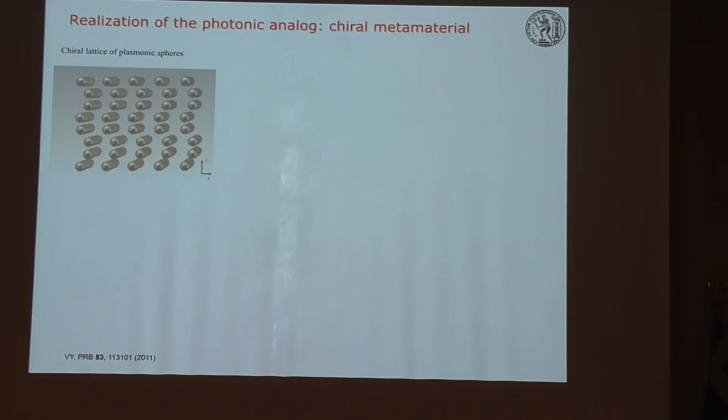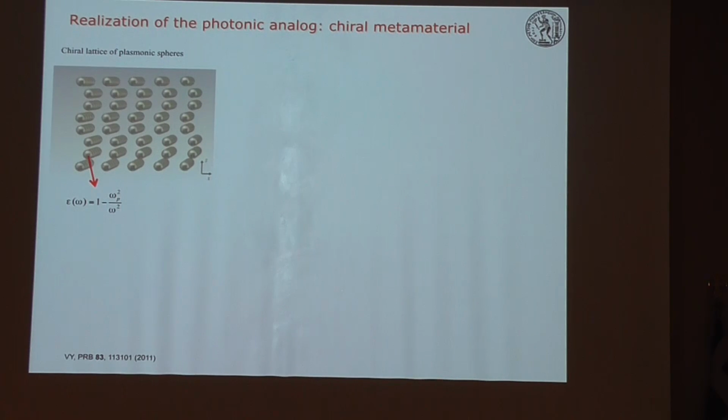And this is a system that could realize a chiral electromagnetic medium with longitudinal excitations. This is a chiral lattice of plasmonic spheres, which may be gold spheres or silver spheres.